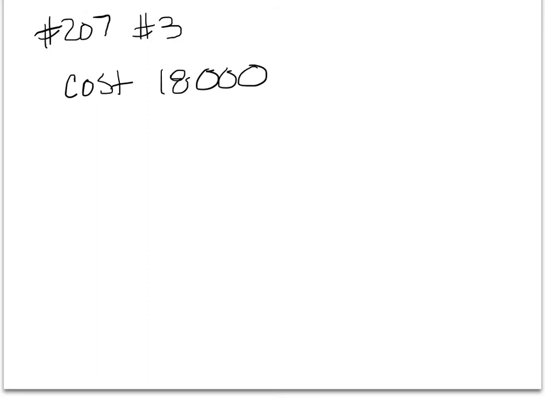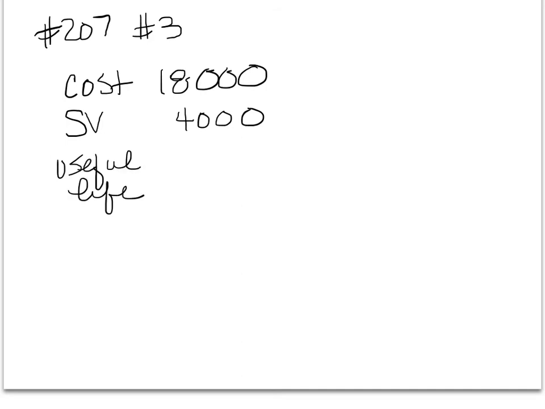The truck has an estimated salvage value, which I will abbreviate as SV, of $4,000, and it is expected to be driven for 7 years. So it's telling us that the useful life of this asset is 7 years. And Garrett uses the straight line method, which is what we're demonstrating here. They're asking us to calculate the annual depreciation.